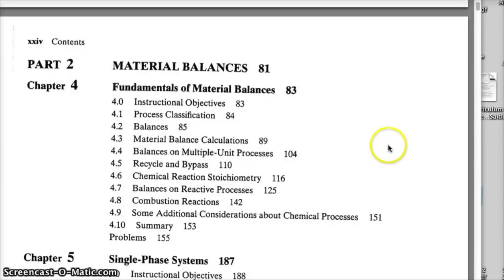So for material balance, we first cover chapter 4, which is titled Fundamentals of Material Balances. And for this topic, we will cover 4.3 material balances, balance calculation, 4.4 balances on multiple unit processes, 4.5 recycles and bypass, 4.7 balances on reactive processes, and lastly combustion reaction.